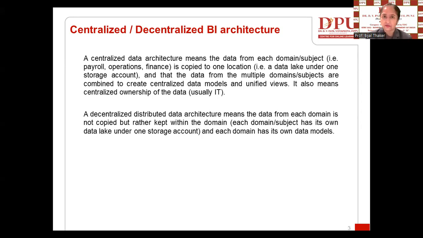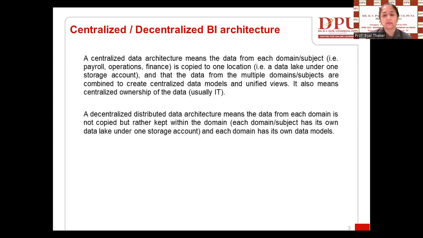Reverse to it, when a decentralized system is there, a distributed data architecture will be there. So data from each domain will not be copied to some central place. Every domain will have its own data and it will be accessed as per request. Maybe your individual departments, payroll, operation, financials, will have their own data model also.